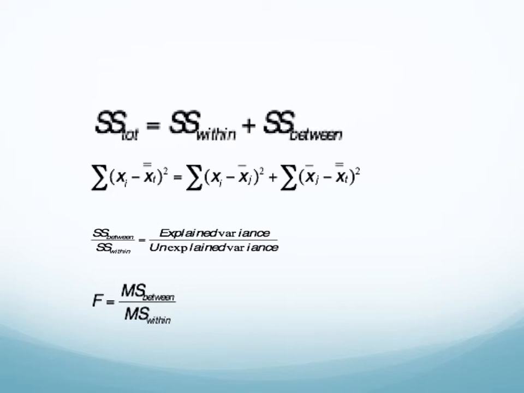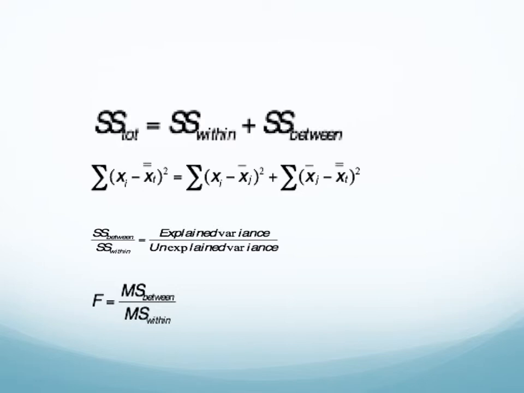And then we divide each of those, the numerator and denominator, by their degrees of freedom. We get the mean squared error between and the mean squared error within, and that proportion is f. And f is the test statistic for analysis of variance.